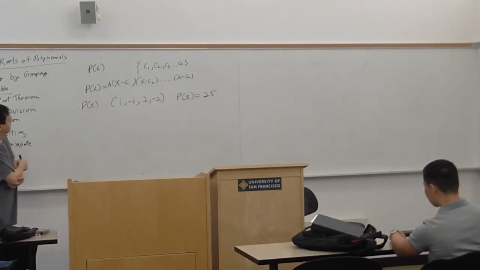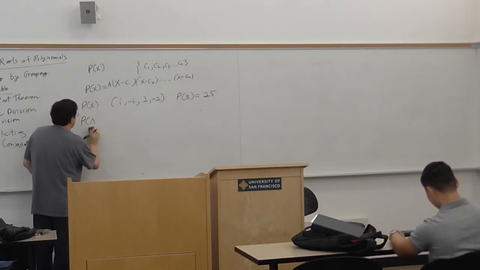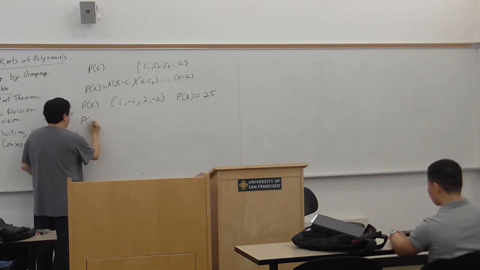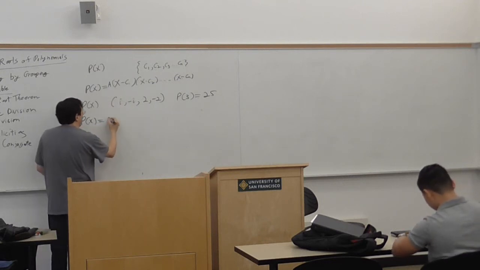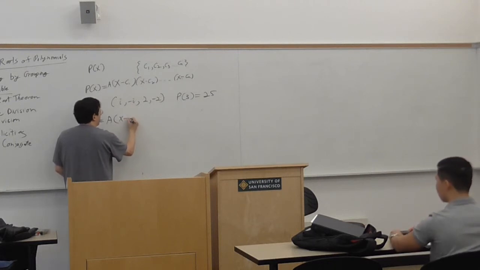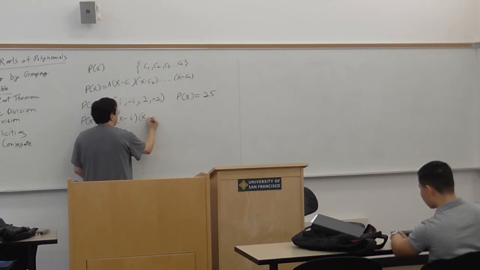Well, I'm going to leave this constant a in here because I don't know what it is yet. But I know I'm going to have x minus i times x minus minus i, x plus i.